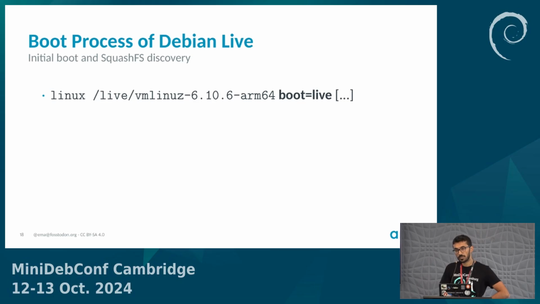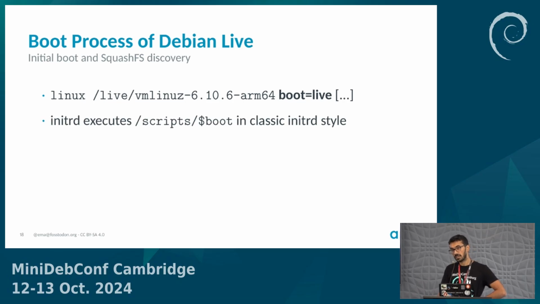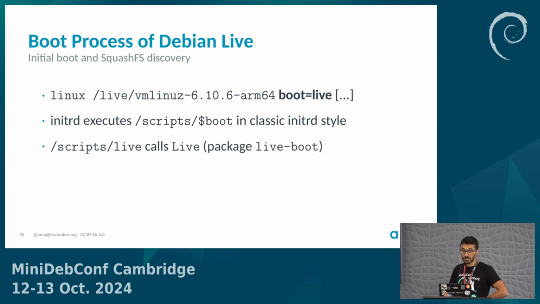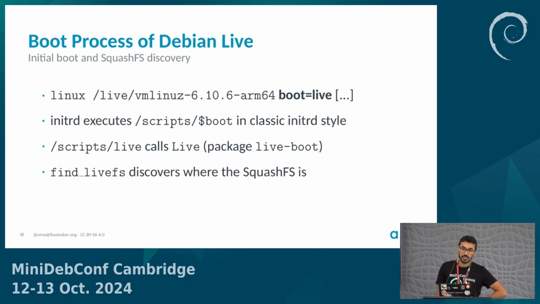What are the differences between that and what Debian Live does? Not very much. Mostly there's a kernel argument, boot=live. And what initrds do, in that case, when there is a boot parameter, is they execute /scripts/ the value of boot, in this case /scripts/live. And that calls a function which is specified in the live-boot package. And this function finds out where the squashfs is on the media, let's say the USB stick.